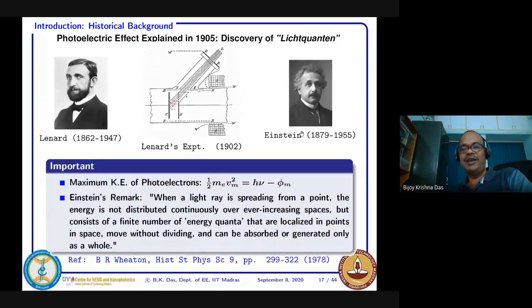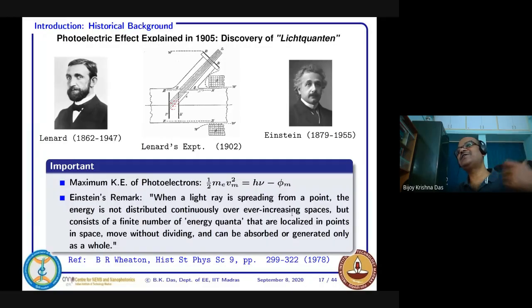So Einstein's remark was that when a light ray is spreading from a point, earlier as an electromagnetic wave, you remember Maxwell's equations, electromagnetic energy, Poynting vector, and so on. But he says that when a light ray is spreading from a point, the energy is not distributed continuously over ever increasing spaces.